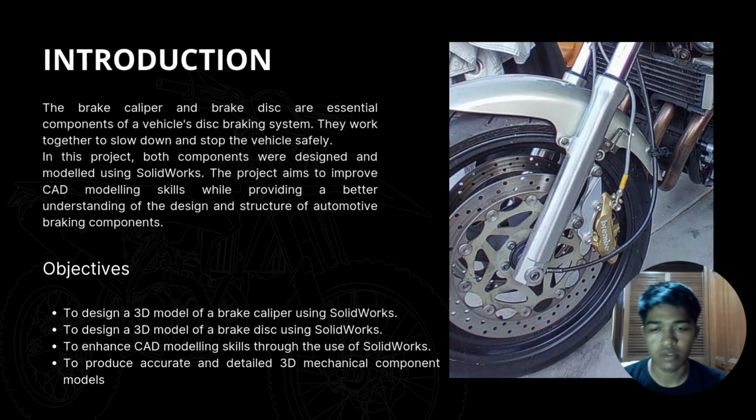braking components. So the objectives of this project are to design a 3D model of the brake caliper and brake disc using SolidWorks, to enhance CAD modeling skills through the use of SolidWorks, and lastly, to produce accurate and detailed 3D mechanical component models.